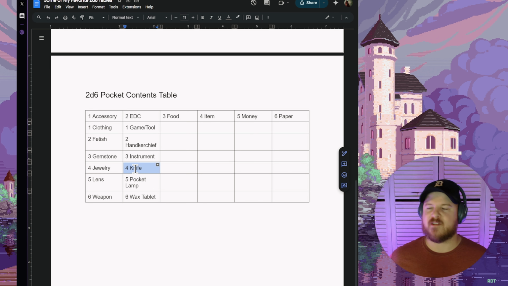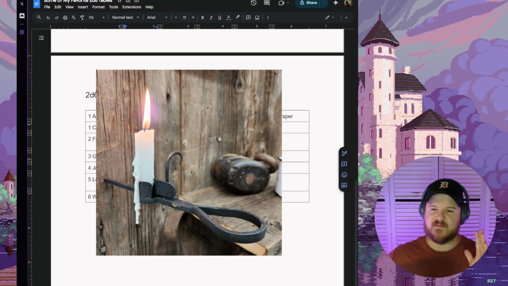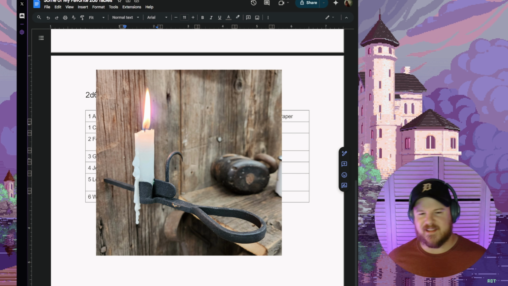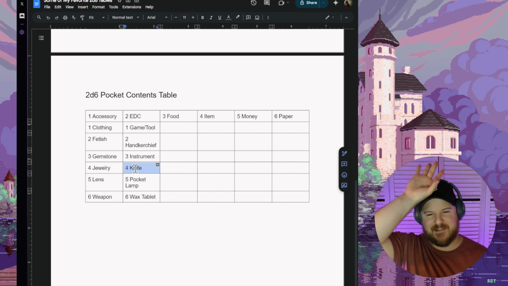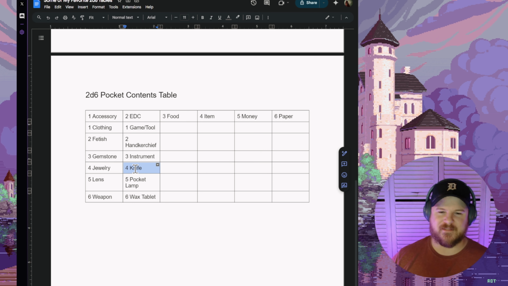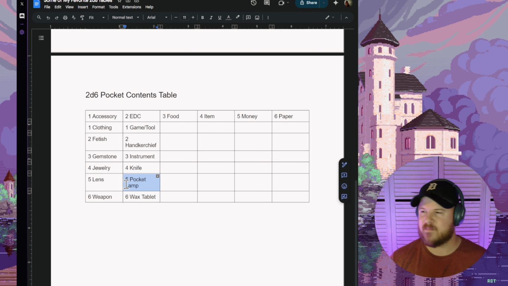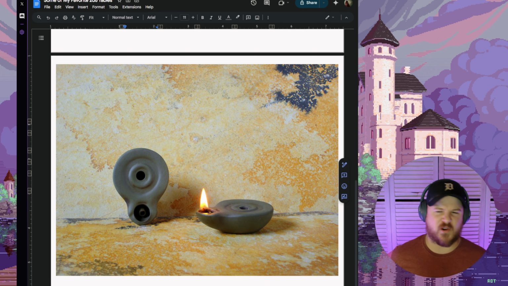It could be a pick, or the miner's thing that you can hammer into a wall and put a candle on. I forget what the name of it is. Or one of the caps that has a little reflector for a stub of candle to be on. But you might also use that for pocket lamp. Pocket lamps are sometimes called thumb lamps.